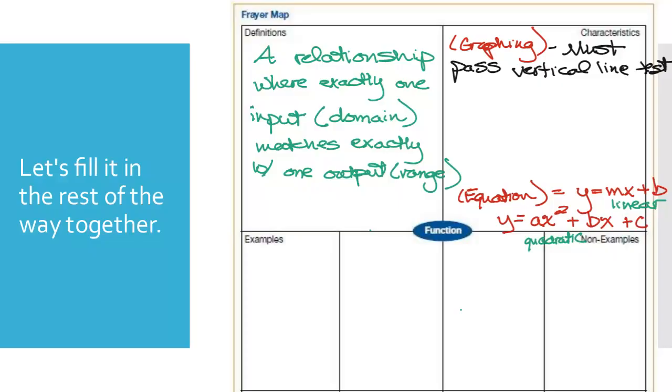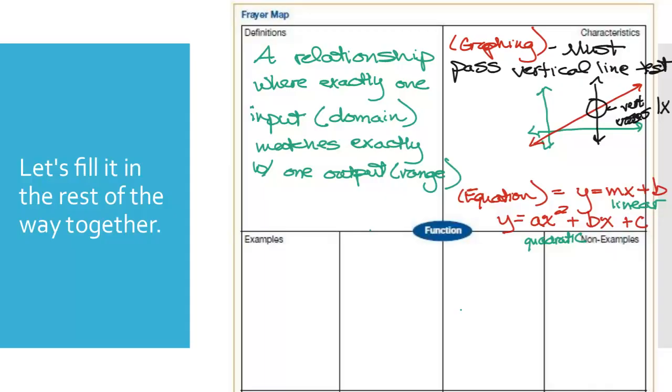So if I have a graph that looks like this, let's put the graph in red, and it has to pass the vertical line test, it is only crossing one time. That is very important.